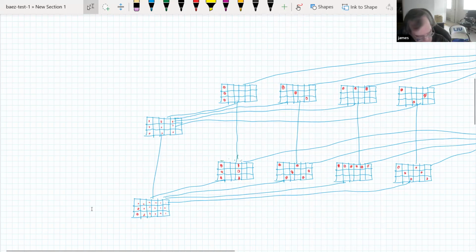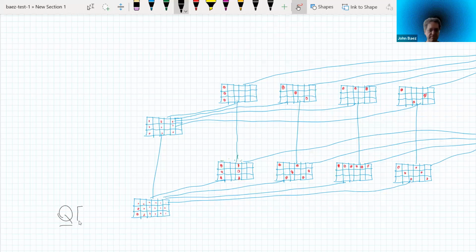But now our base field is going to be the Gaussian field. I guess we'll just call it i for our favorite primitive fourth root of 1, also known as i.